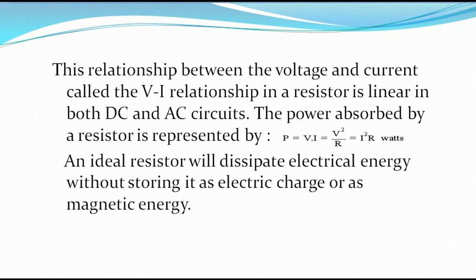Now, this relationship between the voltage and current, called the voltage-current relationship in a resistor, is linear in both direct current and alternating current, being DC and AC circuits. Do you know what linear means? Linear means something that is a straight line, straightforward.